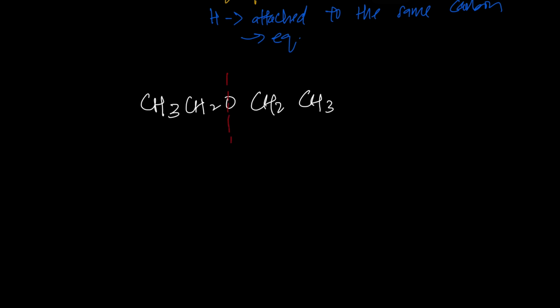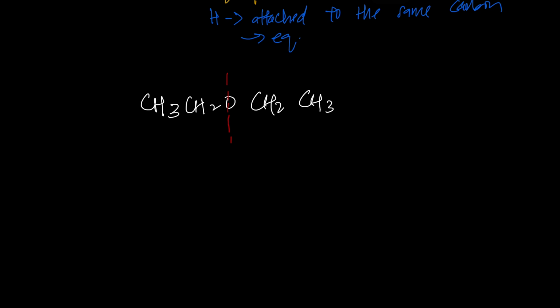Just now you have seen that the protons that attach to the same carbon are normally equivalent. They give one signal. Also, if you have a symmetrical structure, then some of the protons will also be equivalent.